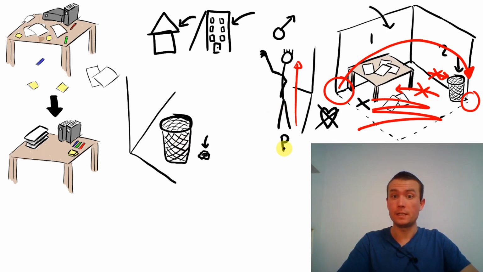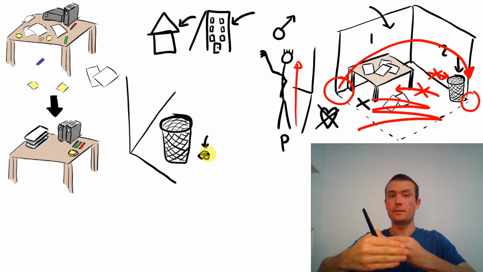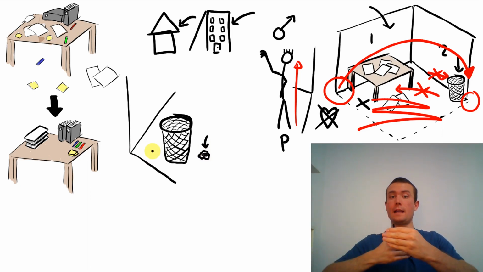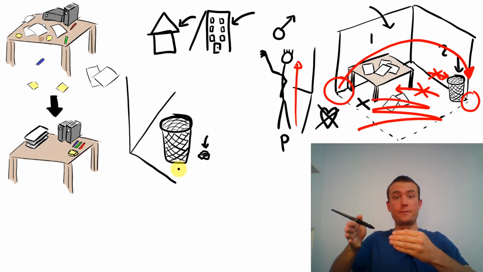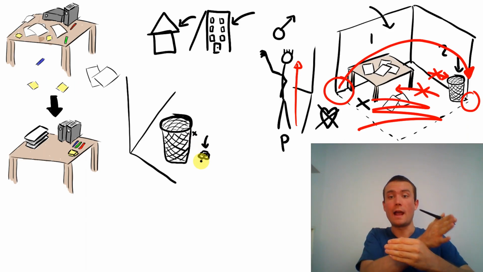From Philip's point of view, here is in front, here is behind, here is the left side, and here is the right side.